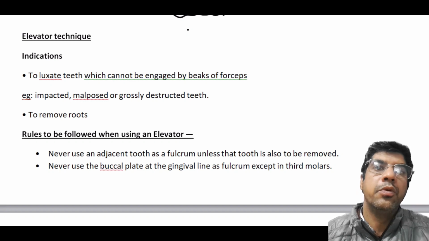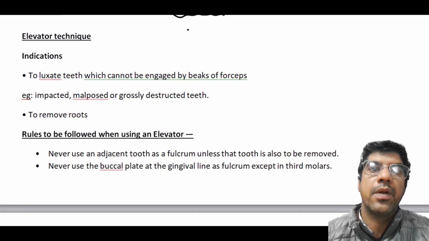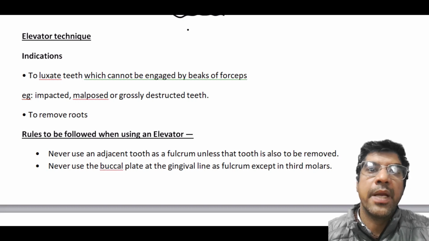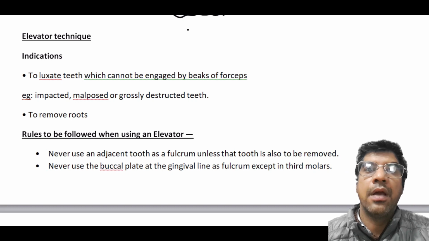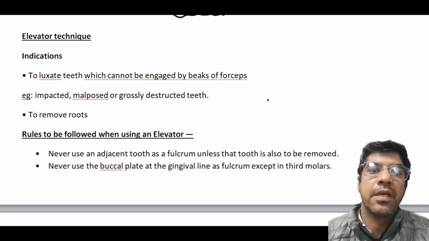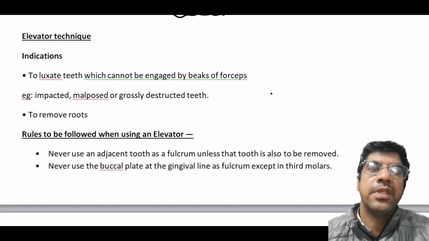Now next are the elevators. We know they are used when the beak of the forceps cannot easily engage teeth. So it is common for impacted, malposed, or severely damaged teeth. Elevators are effective in removing roots. Never use adjacent teeth as fulcrum unless the tooth is also being removed. Be cautious with the buccal plate.